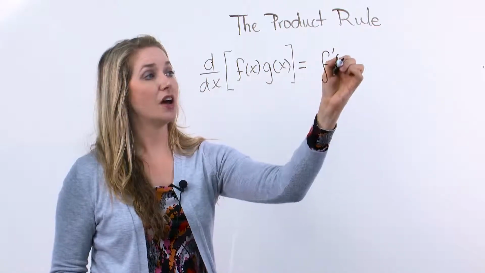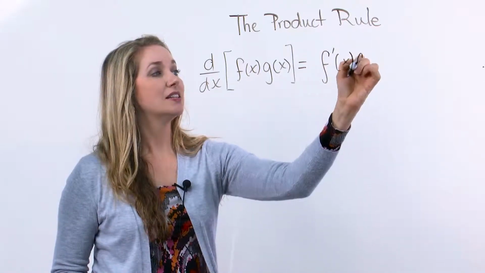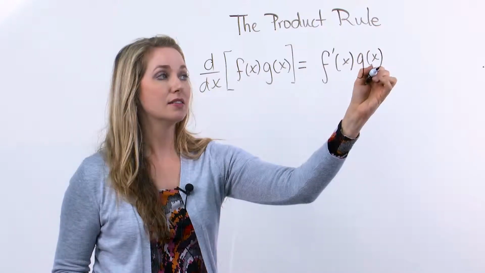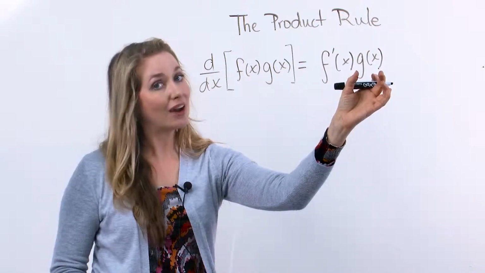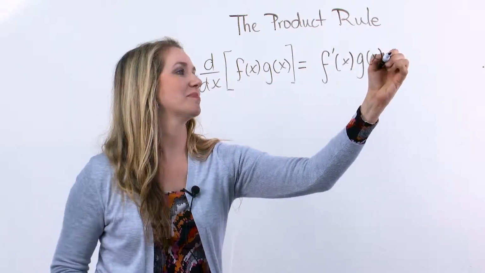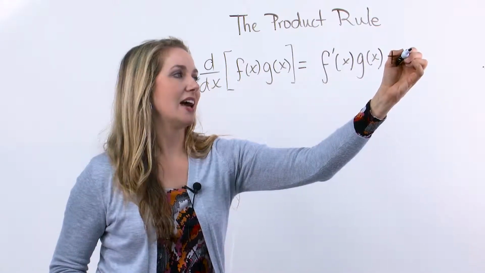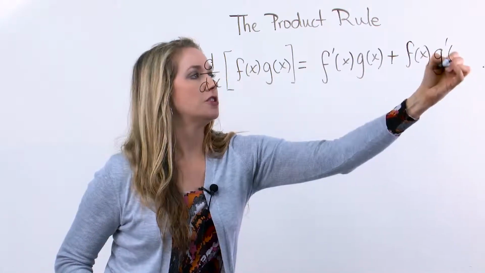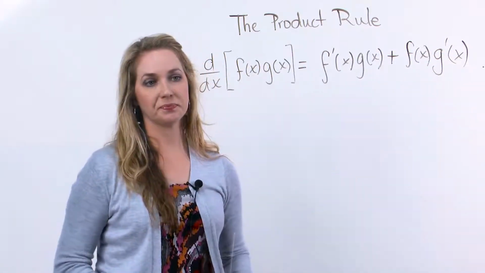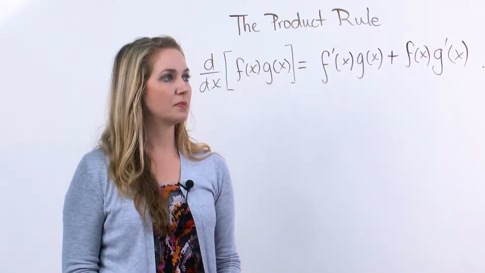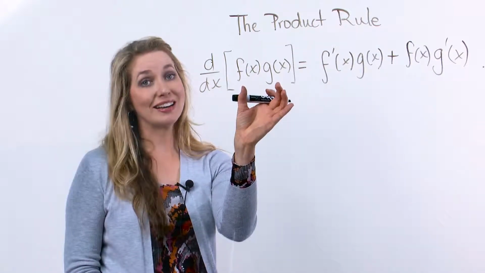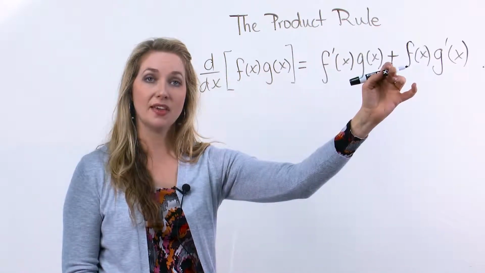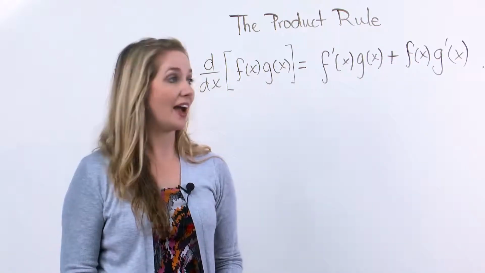It's the derivative of f times g, and notice g here, you haven't differentiated g. And I'm going to add to that f times the derivative of g. So the derivative of a product is actually a sum, and that's a very important fact.